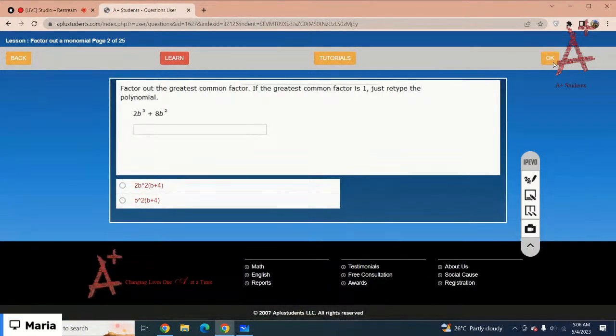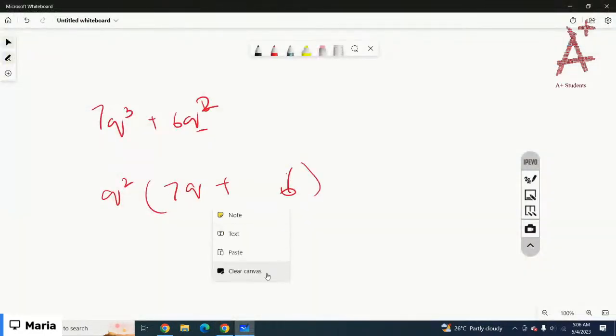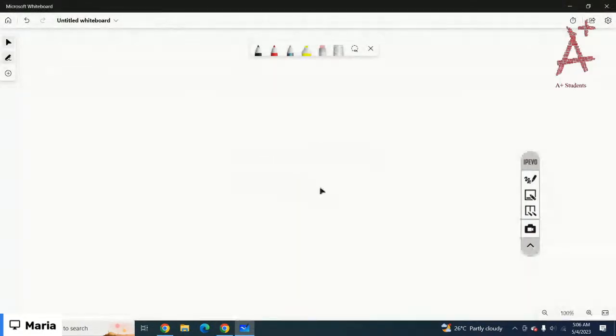Option number 1 is the correct option. Okay, the next one is 2b cube plus 8b square. Here you have 2 and 8. You can also take 2 common, because 2 is the common factor for 2 and 8, and also you can take the smaller exponent outside. You are left with just b, because you have b cube here and b square are already outside.